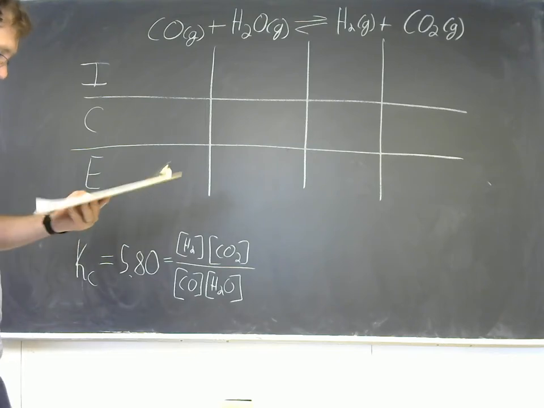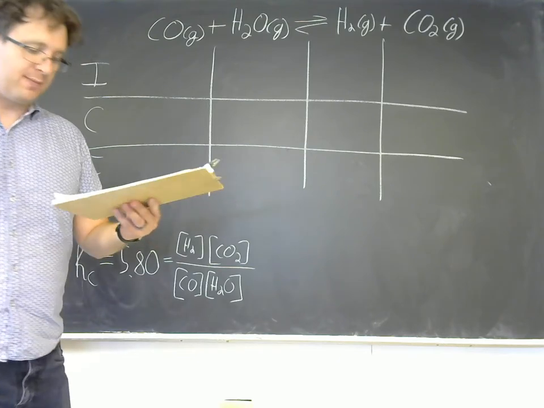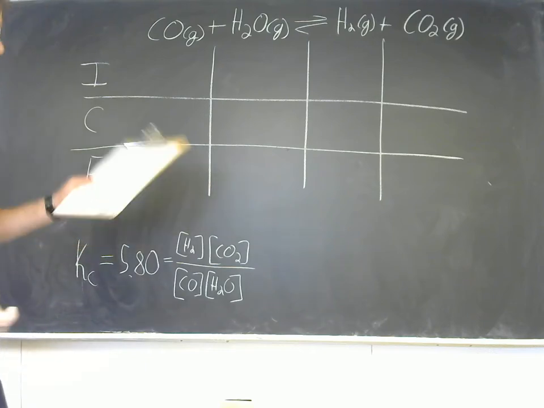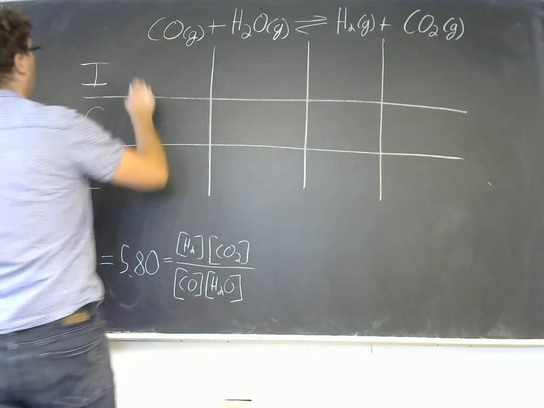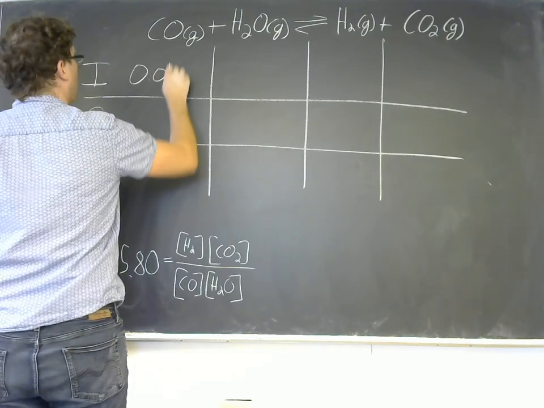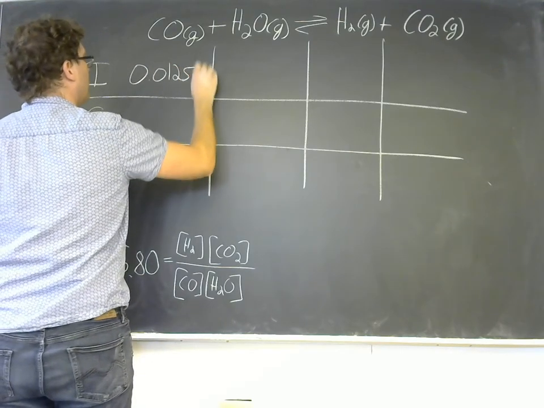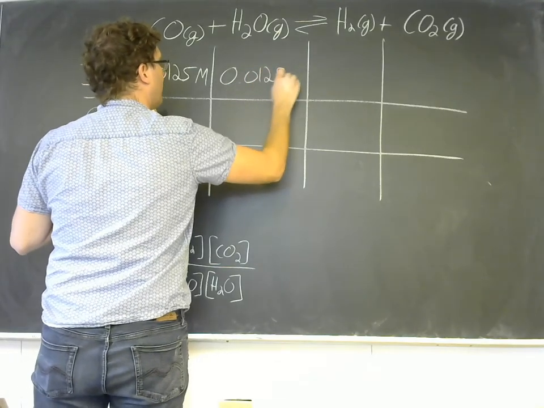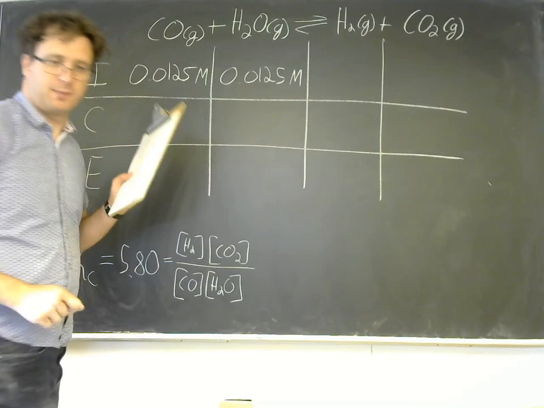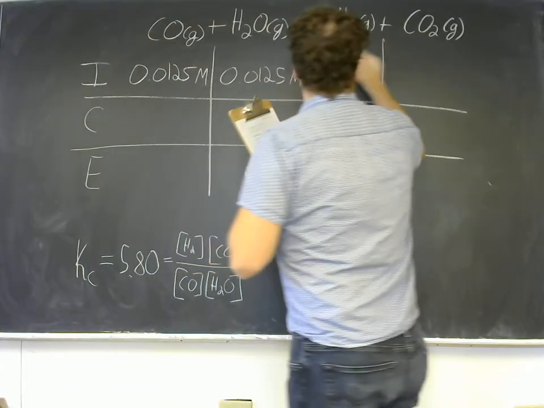Now we're supposed to find the equilibrium conditions if the initial concentrations of carbon monoxide and water are both 0.0125 molar. And we have no product.